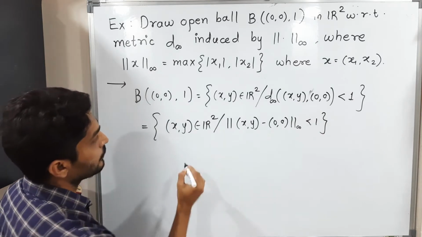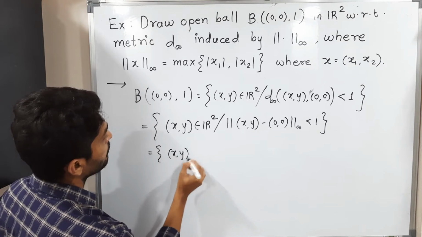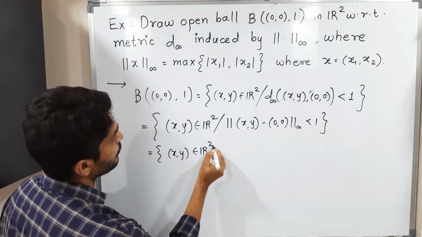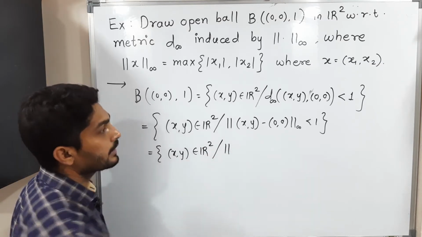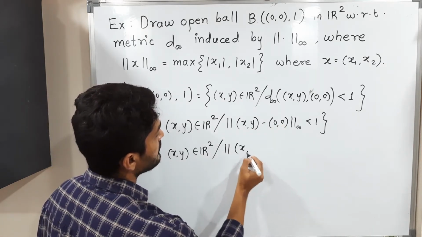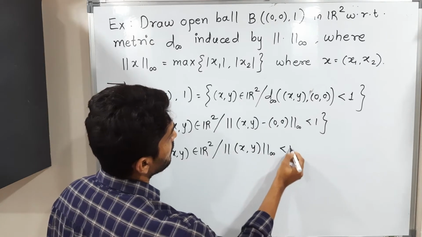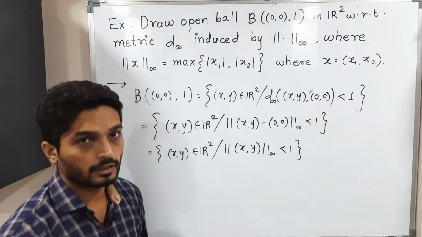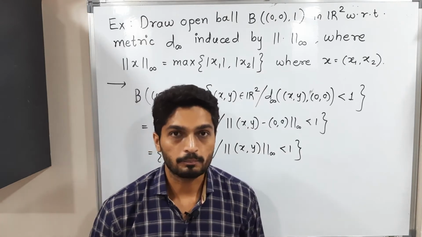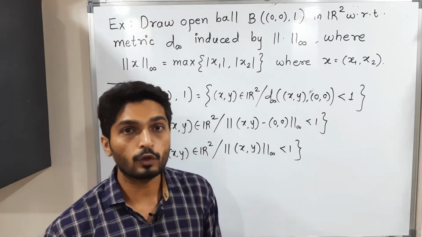So this is equal to the set of (x,y) belonging to R2 such that the norm, where we do coordinate-wise subtraction, x minus 0 gives x, y minus 0 gives y, infinity less than 1. So now we can use the definition of norm infinity.